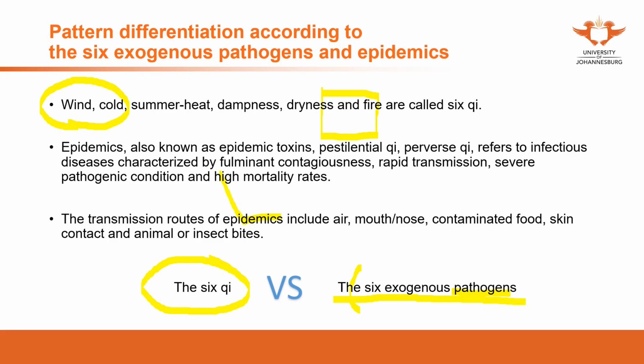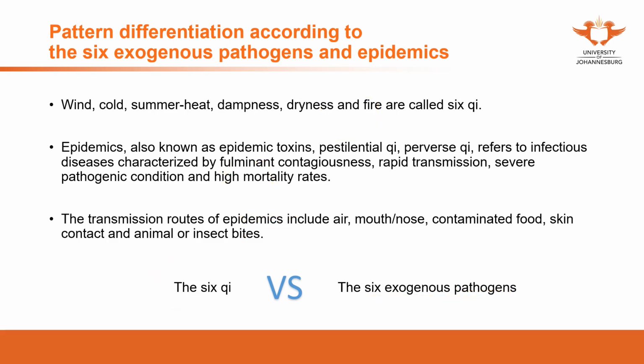But when we talk about you, you also said that night it was a bit cold and windy, but the cold and wind is 6 qi, because these two did not cause disease in you, but the ones that cause disease in your friend are called exogenous pathogens. So I hope you will be clear on these terms from this example.